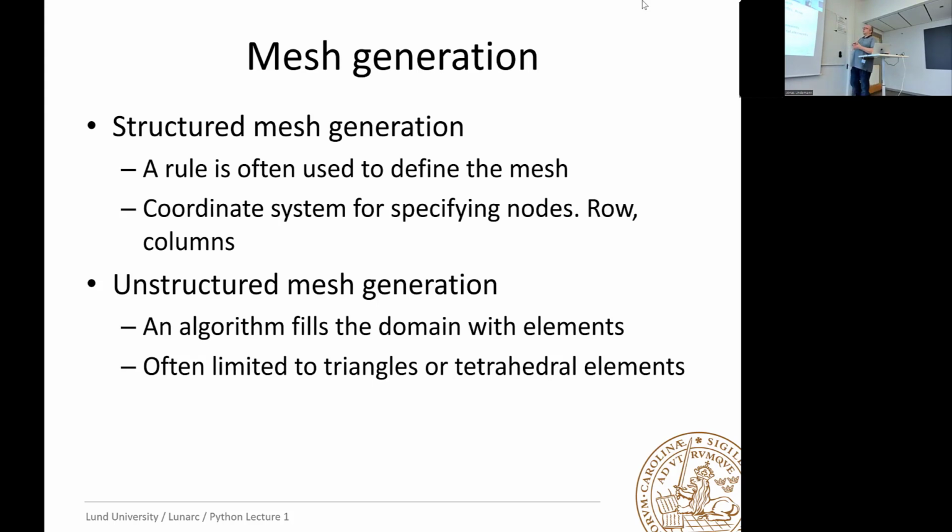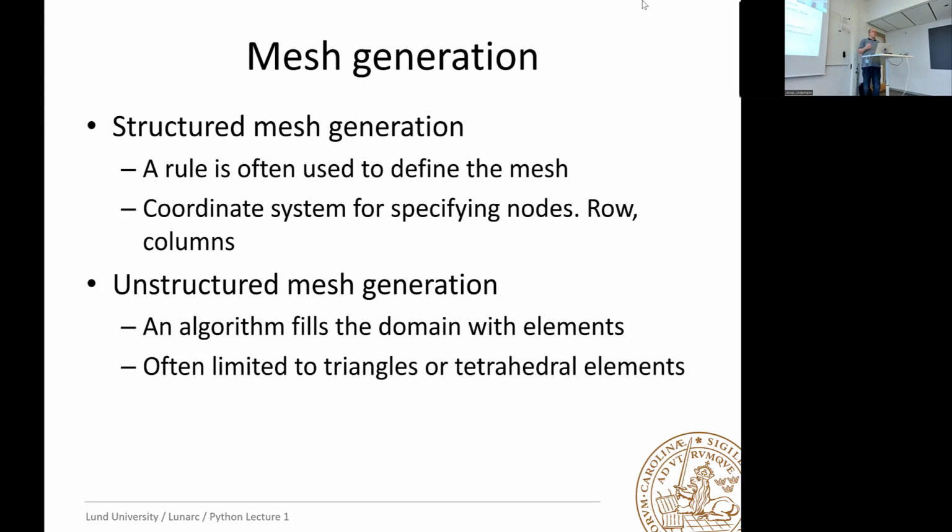Some people prefer the structured mesh because you have a lot more control, but sometimes the geometry is complicated and it's not possible to create a structured mesh for very complicated geometry. You can do it, but it requires you to divide the area into smaller parts. So there is a second type of mesh generation, unstructured mesh generation.